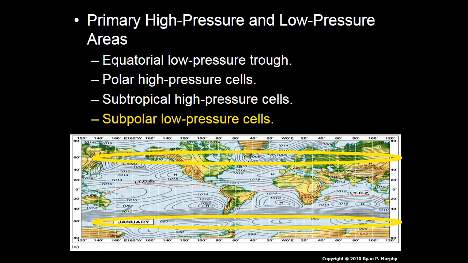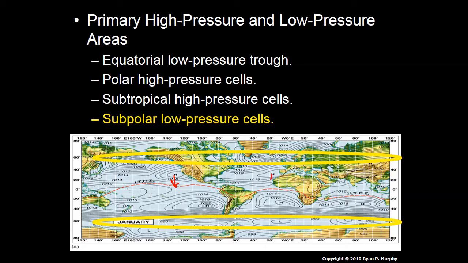Now, I want you to think about what we've learned so far. Number one, that air wants to move from high pressure to low pressure. So for example, right here, it's going to want to move from the high pressure area towards the low pressure of the equator. But also remember that the air is going to kind of turn to the right in the northern hemisphere.